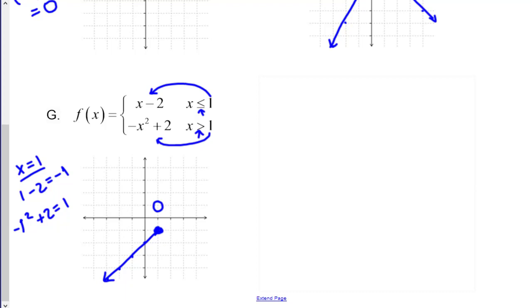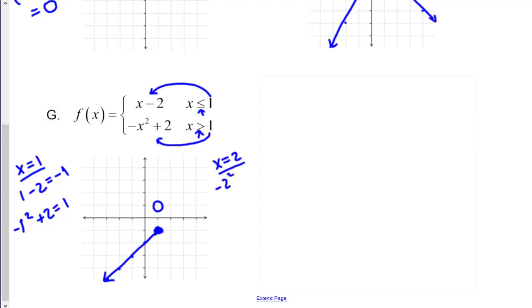But the other function, the quadratic, I'm not quite so sure exactly how that's going to work out in terms of slope. This point might be a vertex, it might not. It's really kind of hard to tell. Best thing to do, just plug in another point that's on your domain. So where x is greater than 1, I could just plug in x equals 2 into that thing.